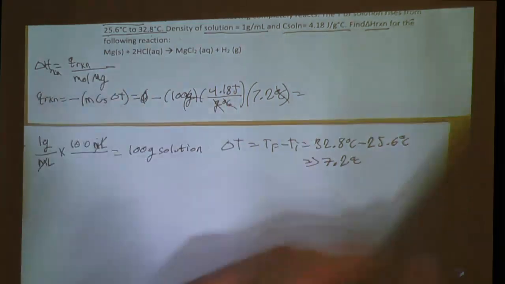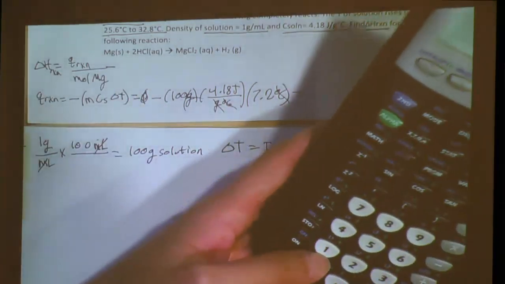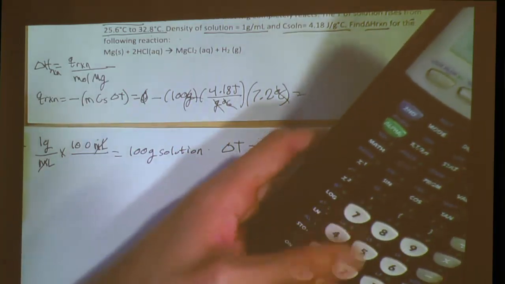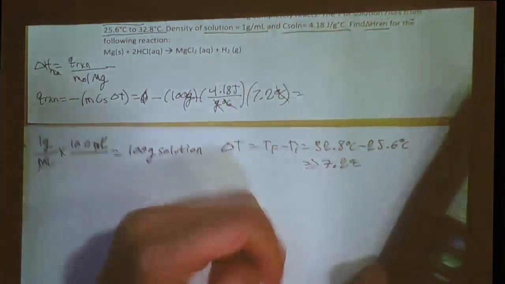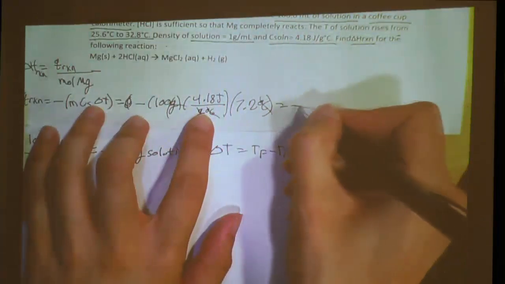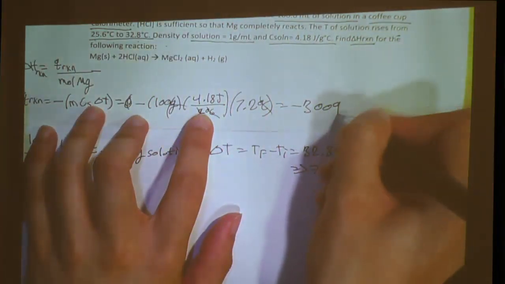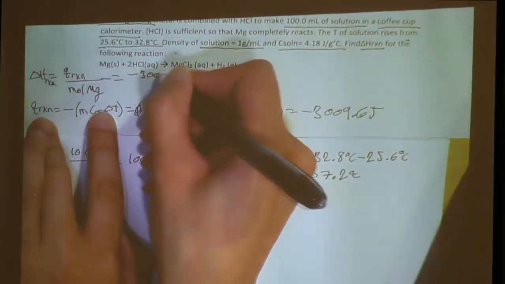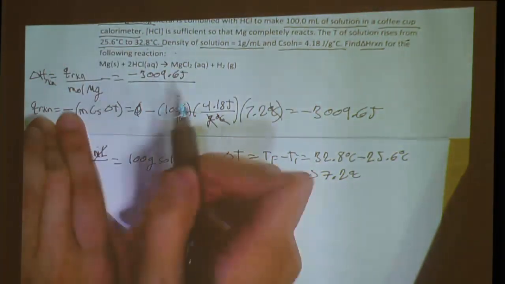That's why. So 100 times 4.18 times 7.2 is going to be negative 3009.6 joules. So we can plug that in: negative 3009.6 joules over moles of magnesium.